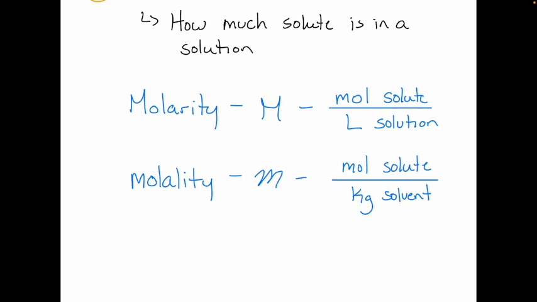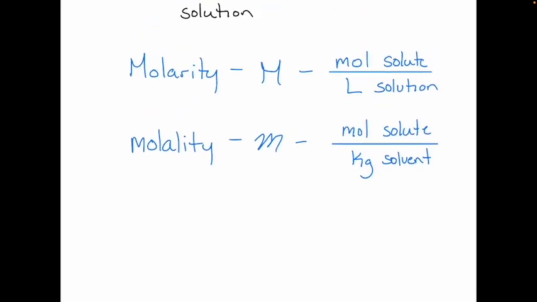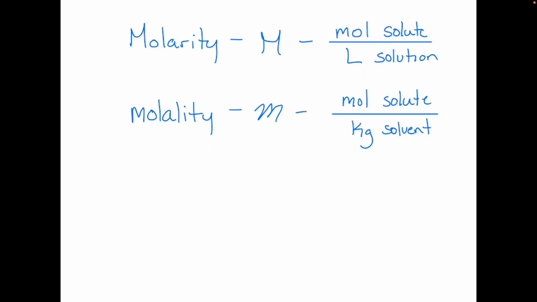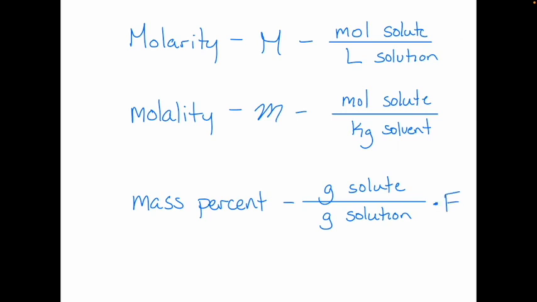All right, and then the last one is what's called a mass percent. This is now grams of solute per gram solution times some factor F. Okay, I'll talk about that here in a second.